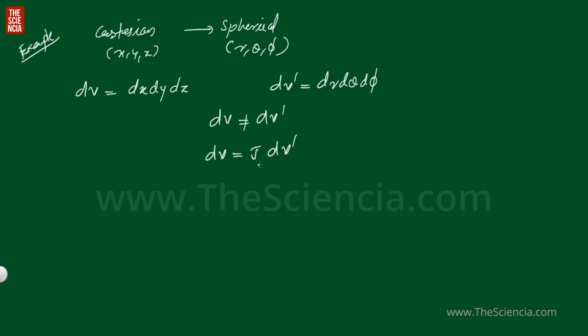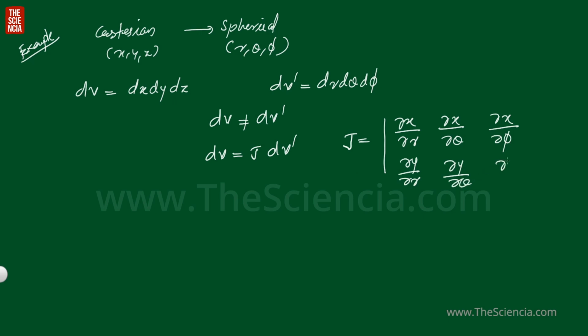Then what is this? Here the Jacobian j will be equal to the determinant of dou x by dou r, dou x by dou theta, dou x by dou phi, dou y by dou r, dou y by dou theta, dou y by dou phi, dou z by dou r, dou z by dou theta, dou z by dou phi.